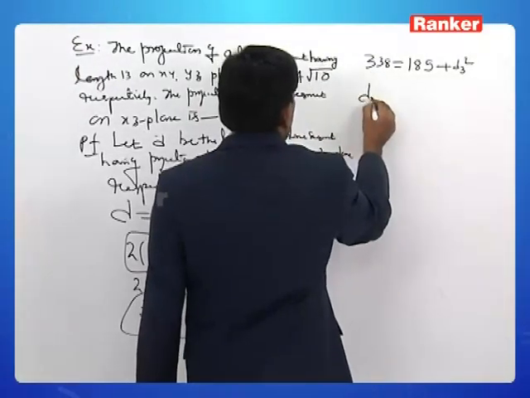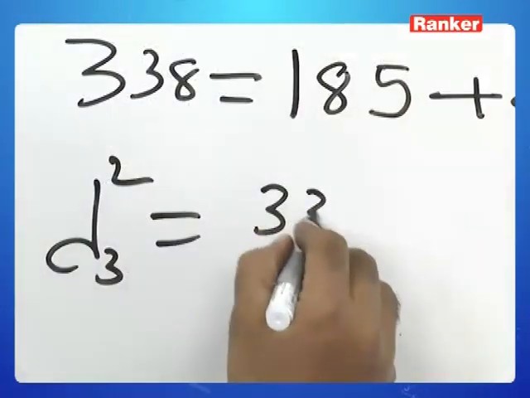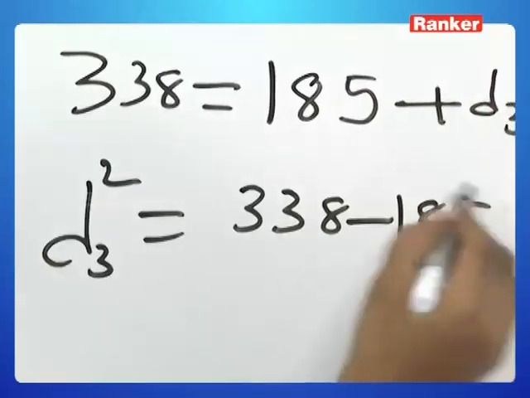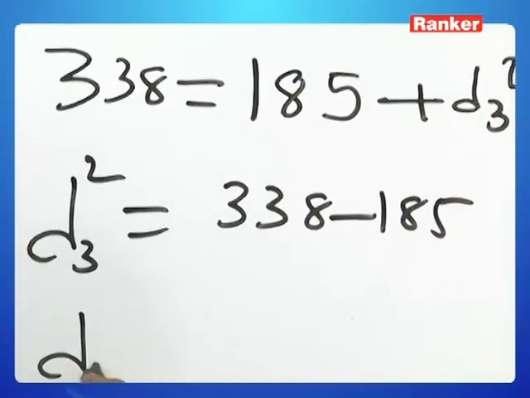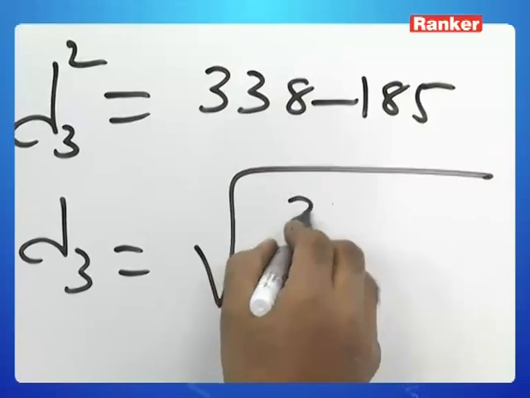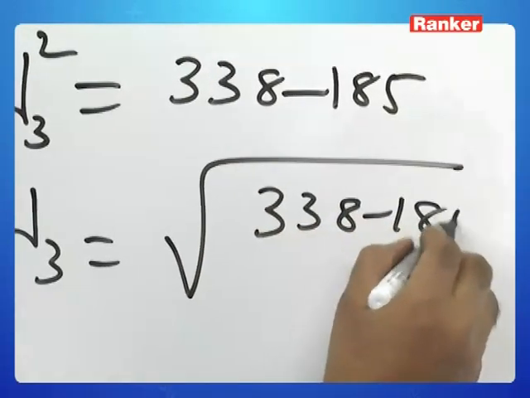Now d3 square is equal to 338 minus 185. Therefore, d3 is equal to the square root of 338 minus 185.